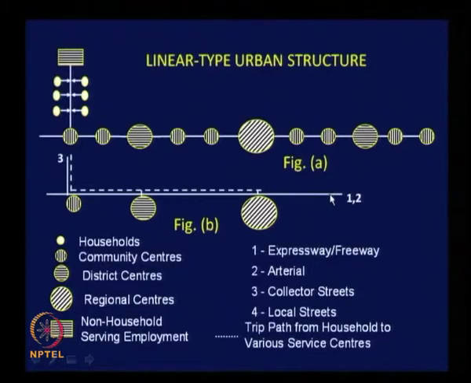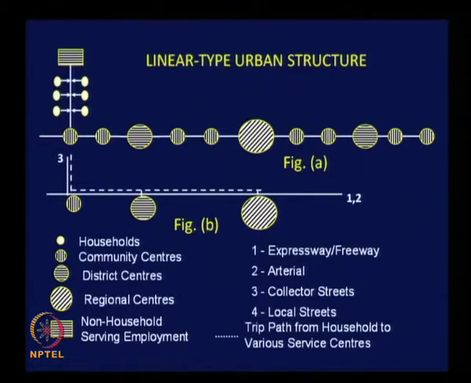And please note, routes 1 and 2 or category 1 and 2 roads are shown on the same line, and 3 is shown here, and 4 obviously is not distinctly shown, because wherever there is space you will have the 4th category, otherwise households will be located here due to space constraint with direct access to category 3 roads, namely collector streets.